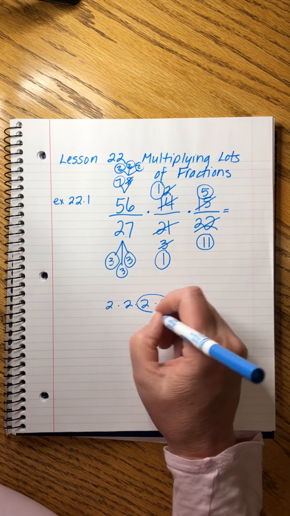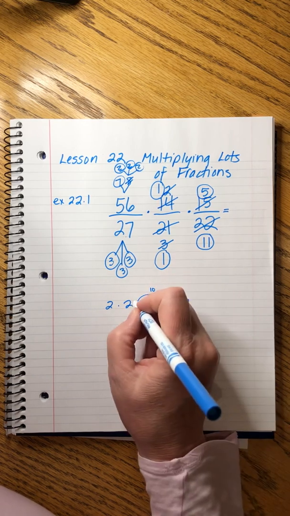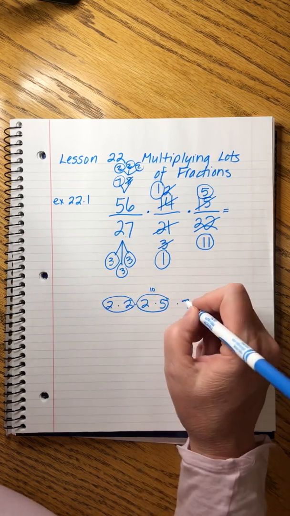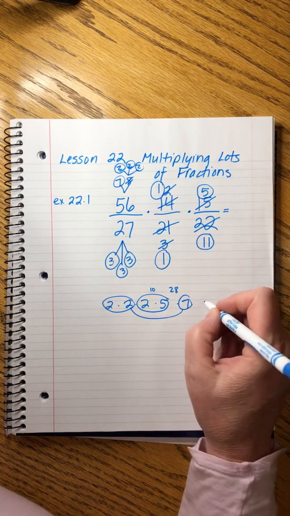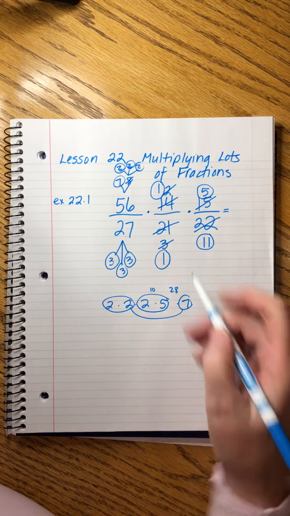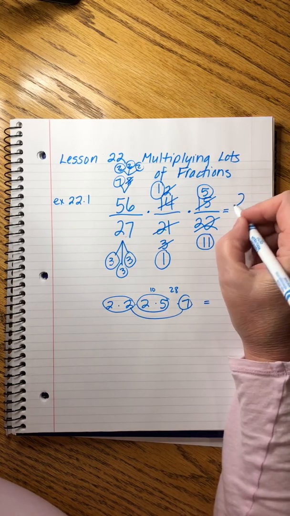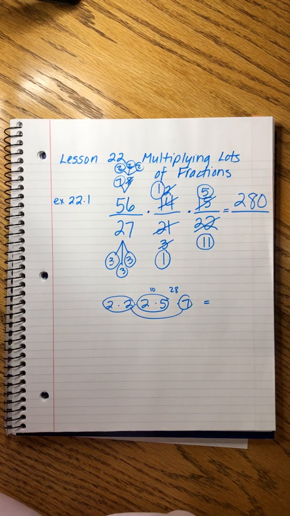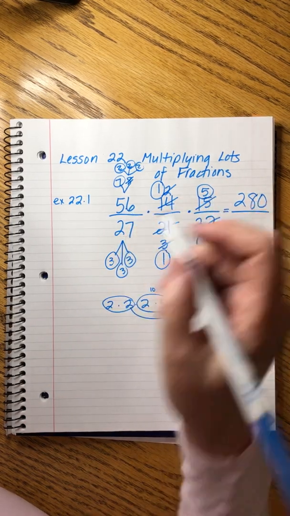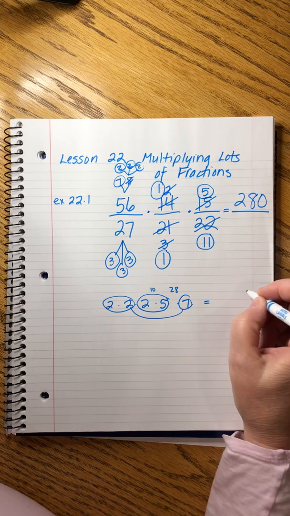Okay, this is 10. 2 times 2 is 4. 4 times 7 is 28. So I can see that this added together equals 280. I could have done that just by going 56 times 5. Let's just look and see how that works.